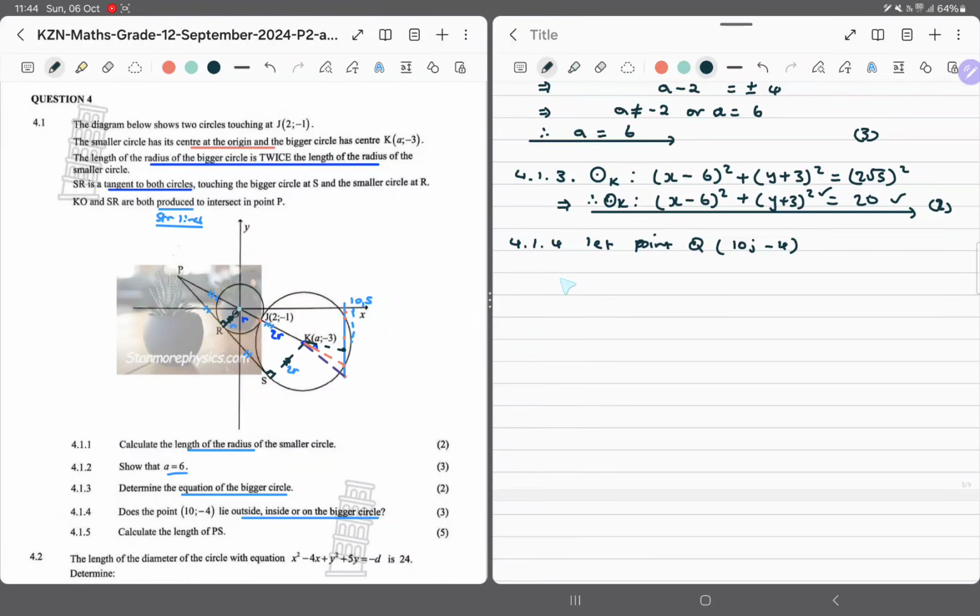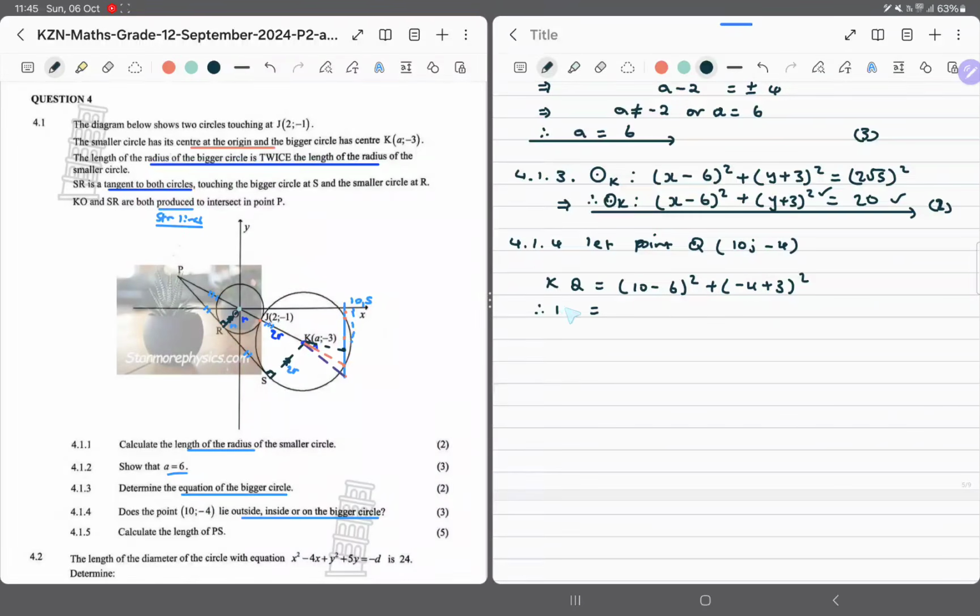Now, let's find out what KQ is. KQ is equal to the square root of x at Q, which is 10, minus x at K, which is 6, all squared, plus y at Q, which is minus 4, minus 3, which is going to be plus 3 all squared. Let's see what that is.